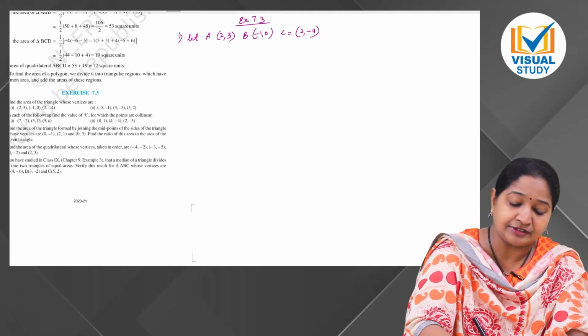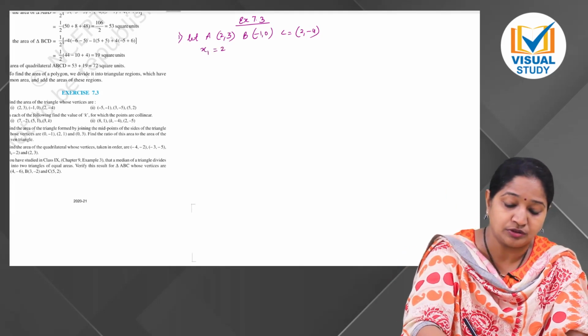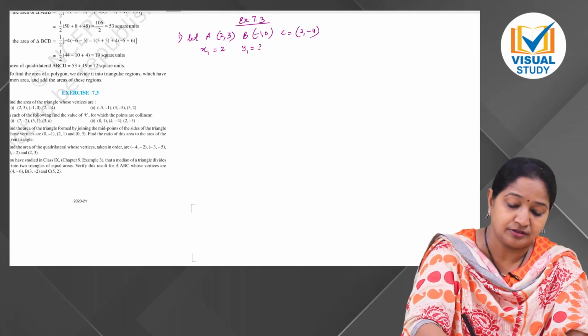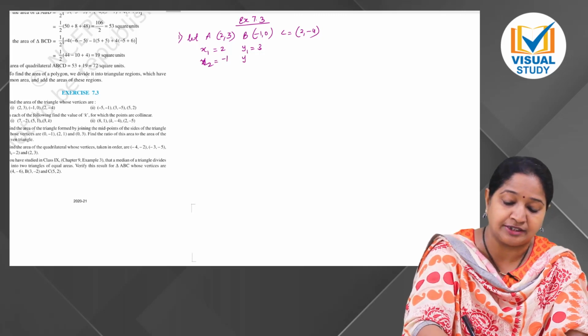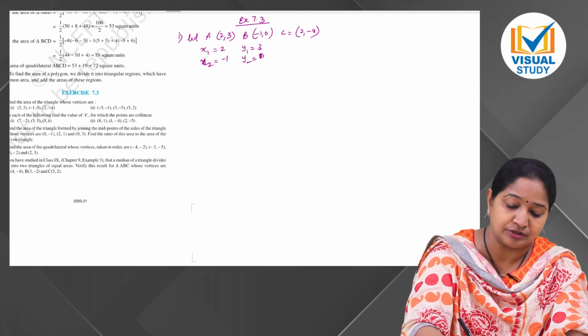Here write x1 is equal to 2, y1 is equal to 3. x2 is equal to minus 1, y2 is equal to 0.